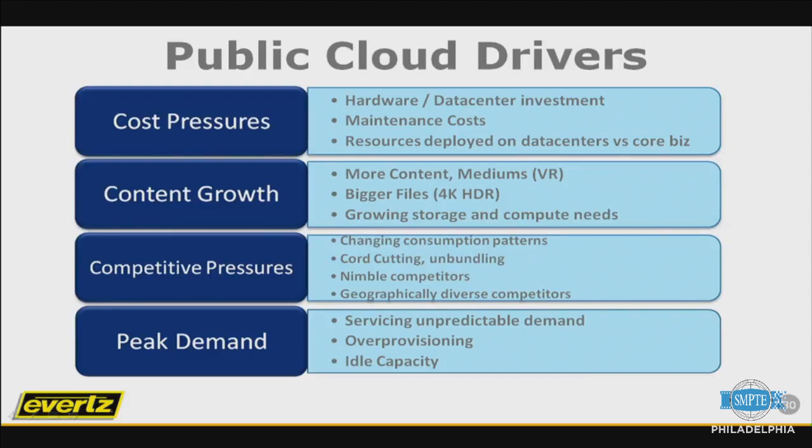And competitors are moving that way. And competitors from overseas. So you get to see worldwide providers of content accessing your customers, your viewers, over the internet. So we have to find ways to meet the demand to save money.